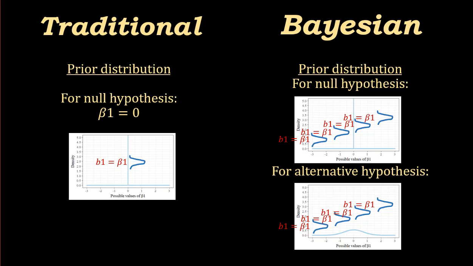In terms of the alternative hypotheses, we combine these sampling distributions, which are the same as in this case, but now they are not multiplying by 0. They multiply by the values of the probability distribution here.